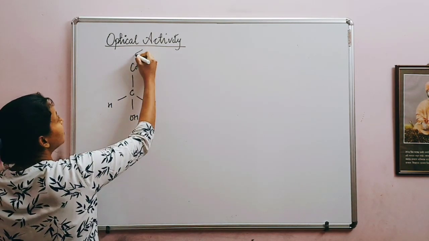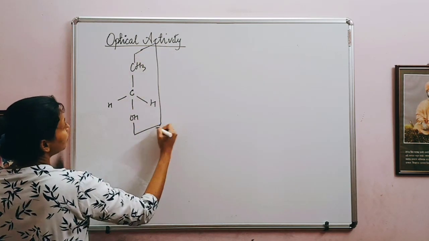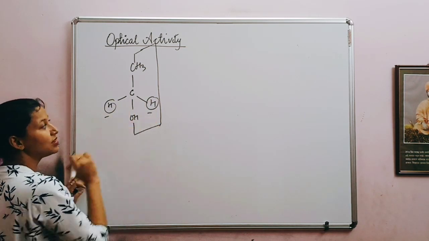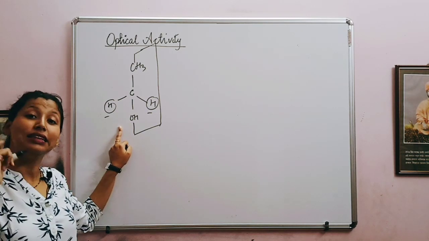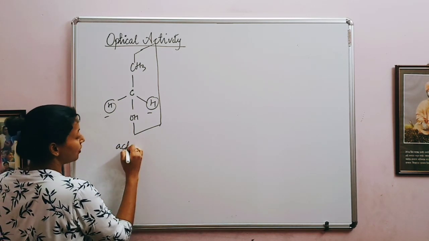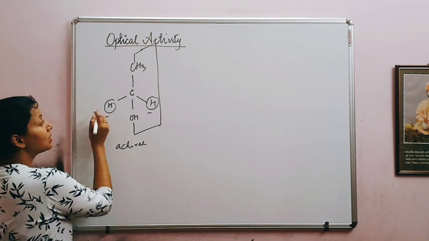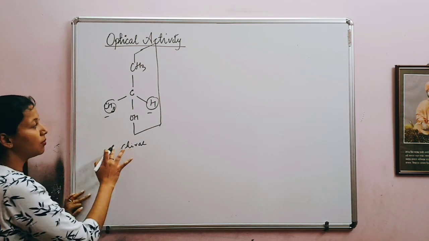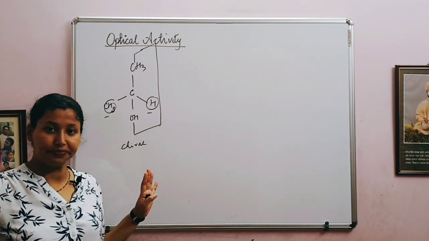Now if we pass the plane of symmetry through the center of this molecule, we can clearly see that these 2 groups are the same. So this is an achiral molecule. But the moment I replace this with CH3, this becomes a chiral molecule because these 2 groups become different.